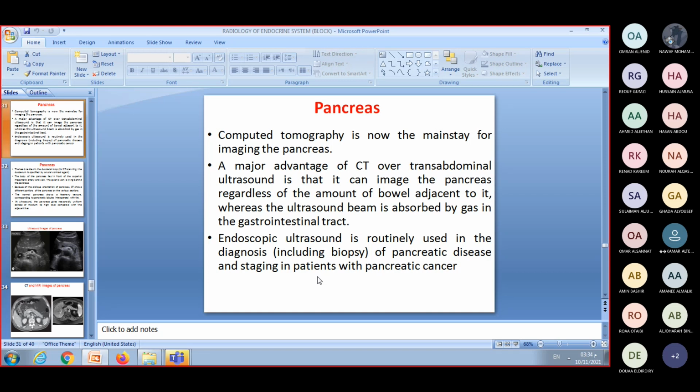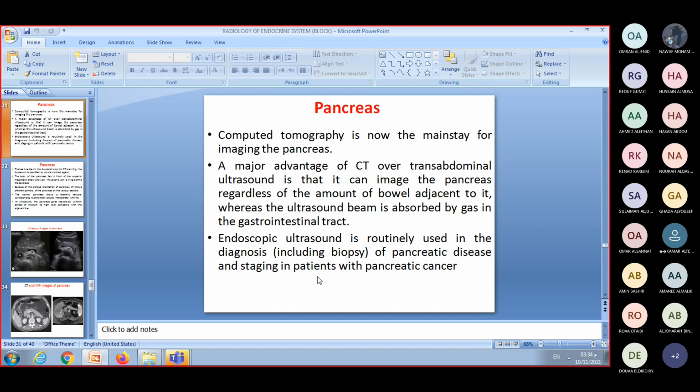It is called endoscopic ultrasound because it is done with an endoscope, not with a probe put on the anterior abdominal wall.